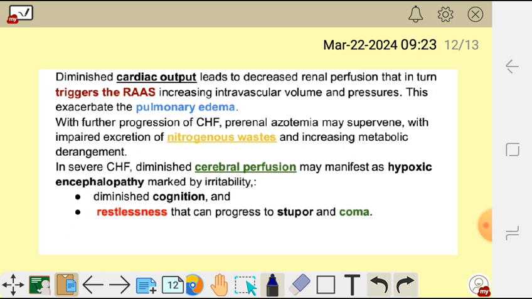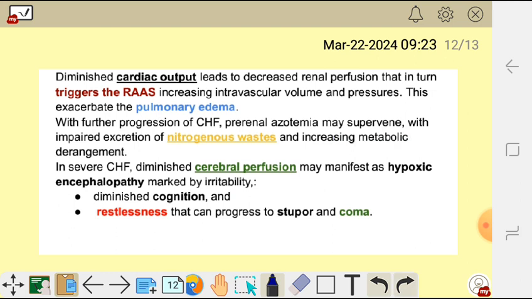So with further progression of congestive heart failure, we are going to have azotemia, which is simply an increase in creatinine in the blood, and also impaired excretion of nitrogenous wastes. Okay, so the kidney will also start to have some problems that will lead to azotemia, and also increased metabolic derangement.